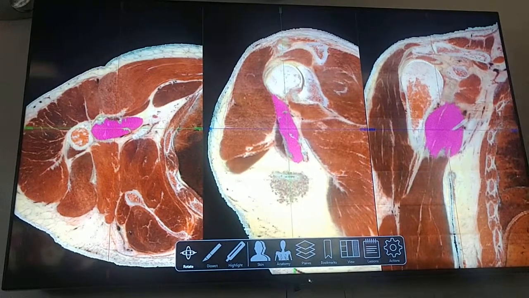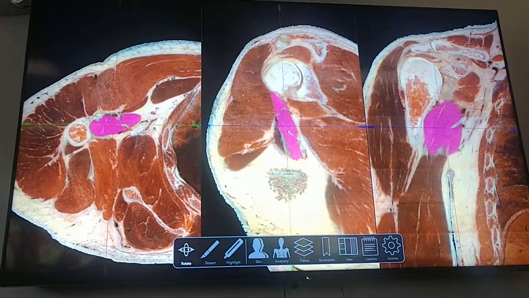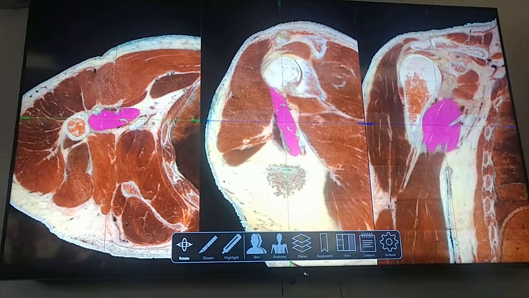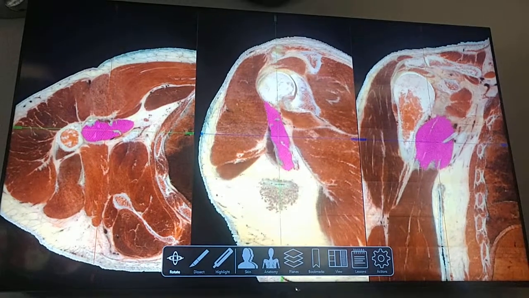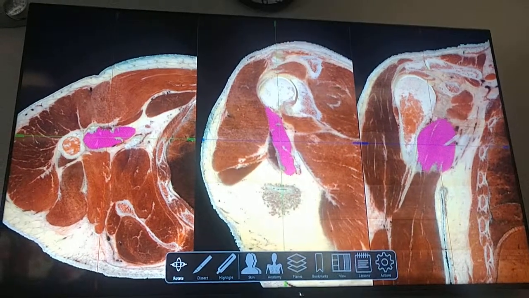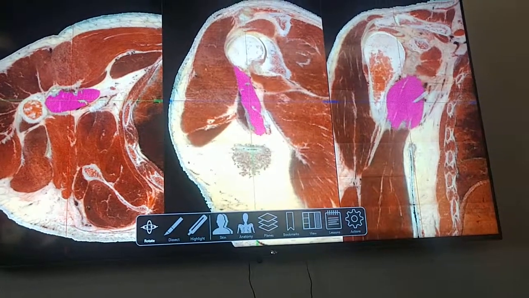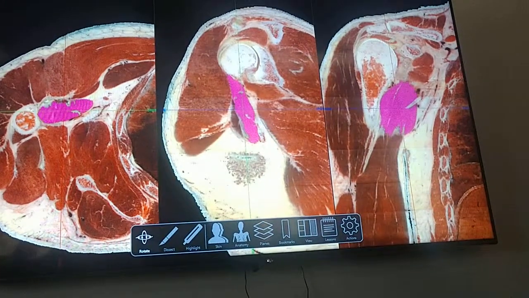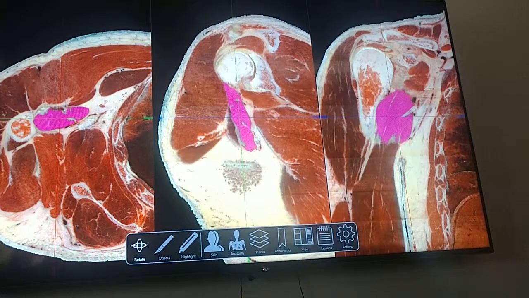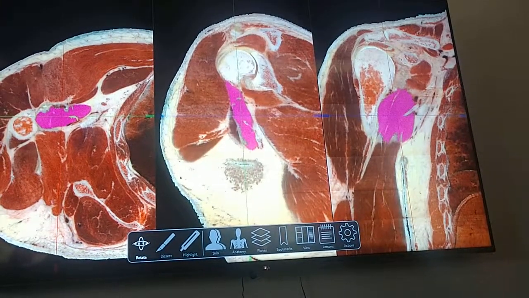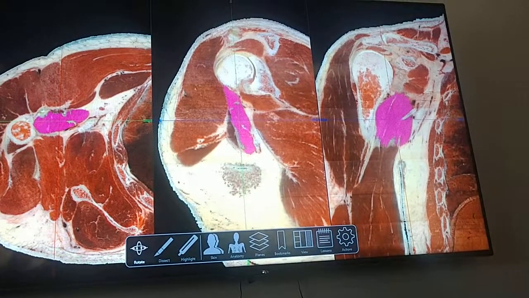But if I look at these other two planes, I can see humeral head in my sagittal. I can see humeral head in the coronal plane. And so, where does this muscle seem to be going? Is it going to the rotator cuff? No. Below that, it seems to be going either from the clavicle or going to somewhere below the head of the humerus, towards the diaphysis. Okay, so that kind of gives me some clues, right?